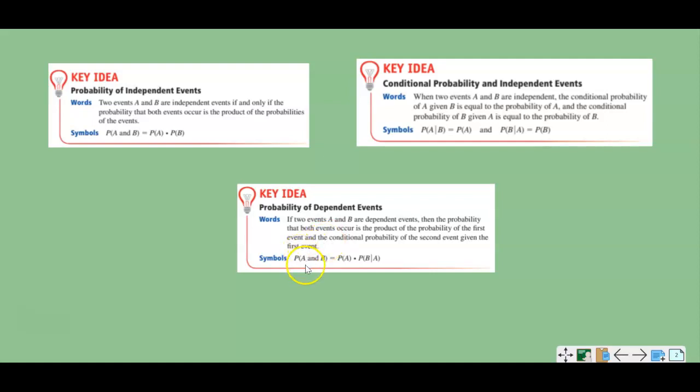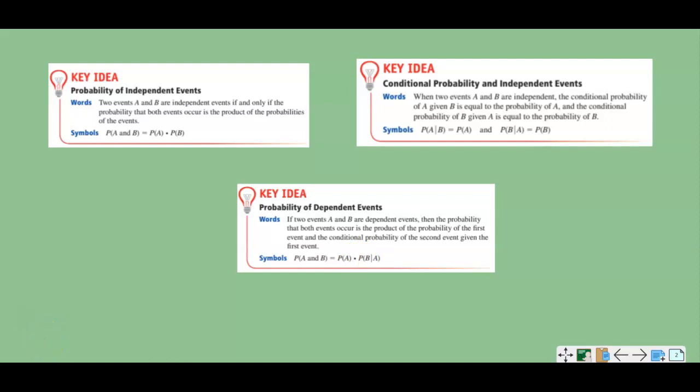Written mathematically, for dependent events, the probability of A and B equals the probability of A times the probability of B given A.